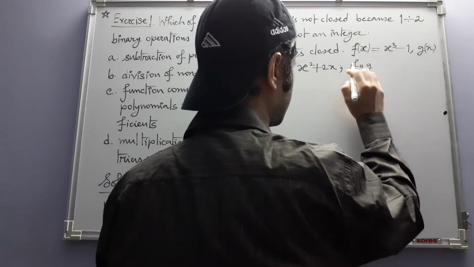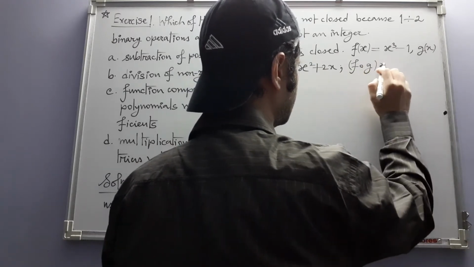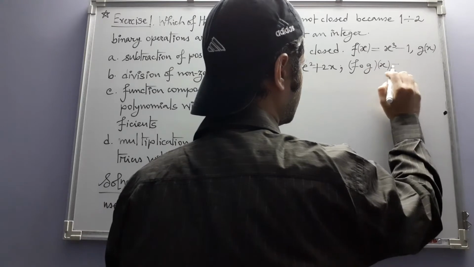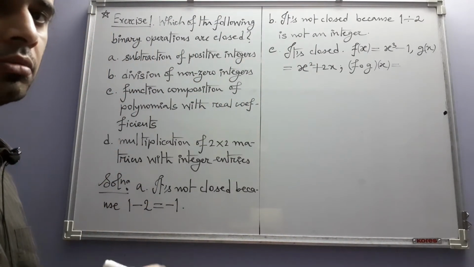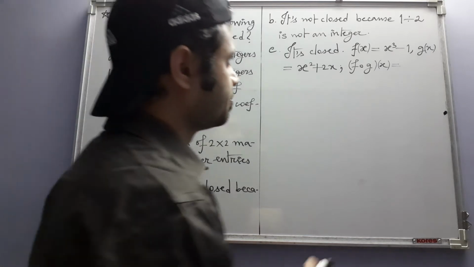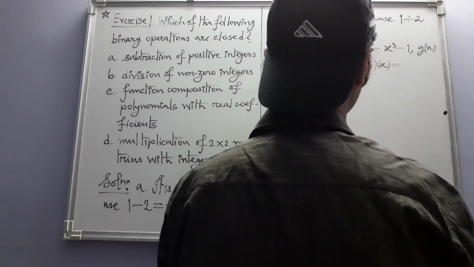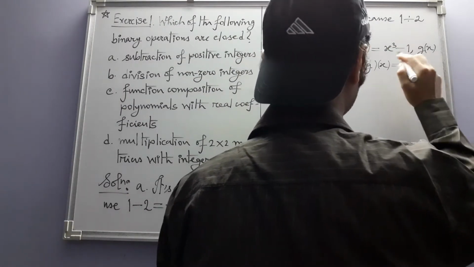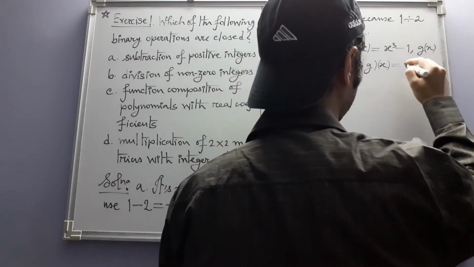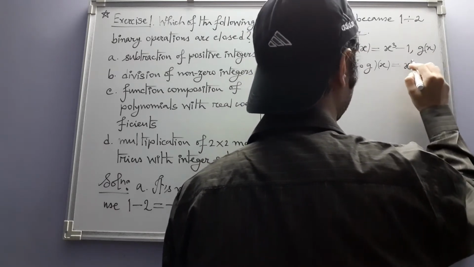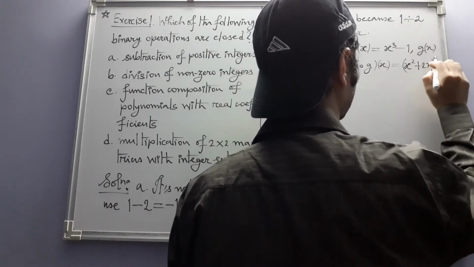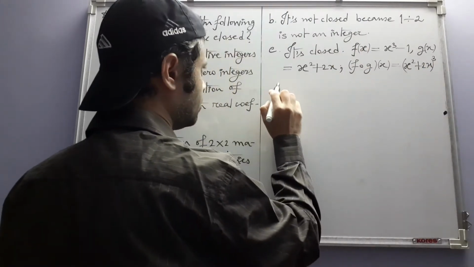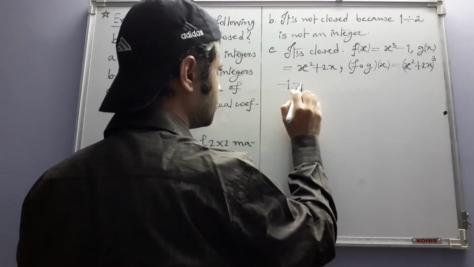We can form the composition F composition G. Then you will first apply G on x, and on that you then will apply F. So if we first apply G and then apply F, then ultimately we will have this (x square plus 2x) whole cube minus 1.